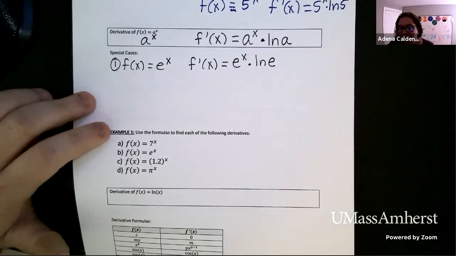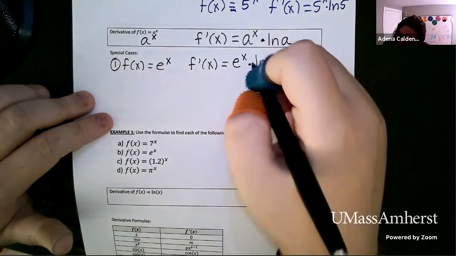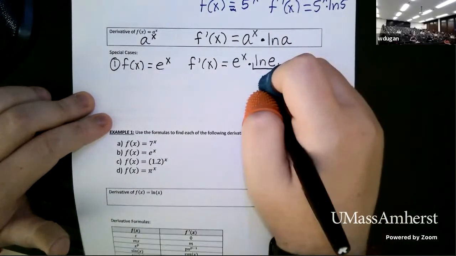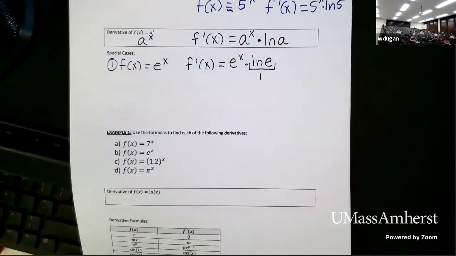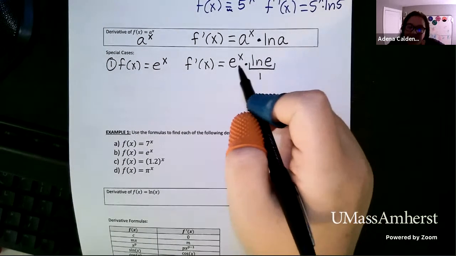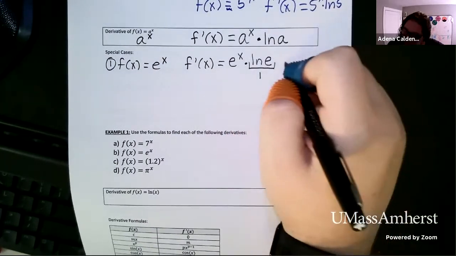Well, we know that e and natural log have a special relationship, and the natural log of e is 1. It's one of the only values that when you take the natural log of it, you get an integer value and not an irrational number. And so here, anything times 1 is just itself.